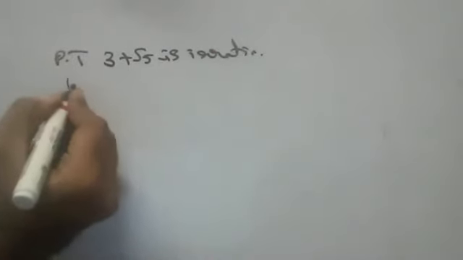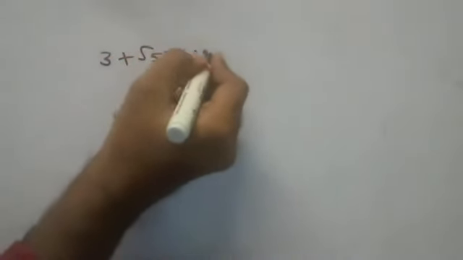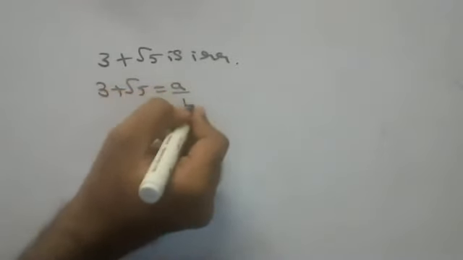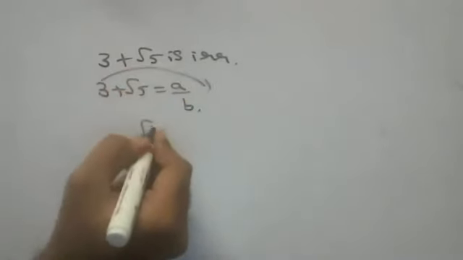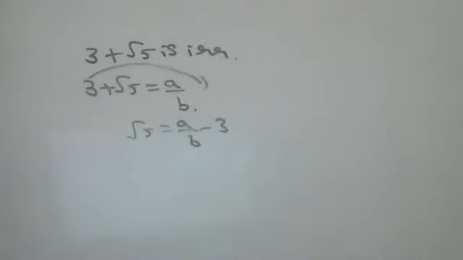We will discuss this in another class, because you will get confused. Suppose they ask 3 plus root 5 is irrational, how do you do it? 3 plus root 5 is equal to a by b, you should write. Bring 3 here. Root 5 is equal to a by b minus 3.